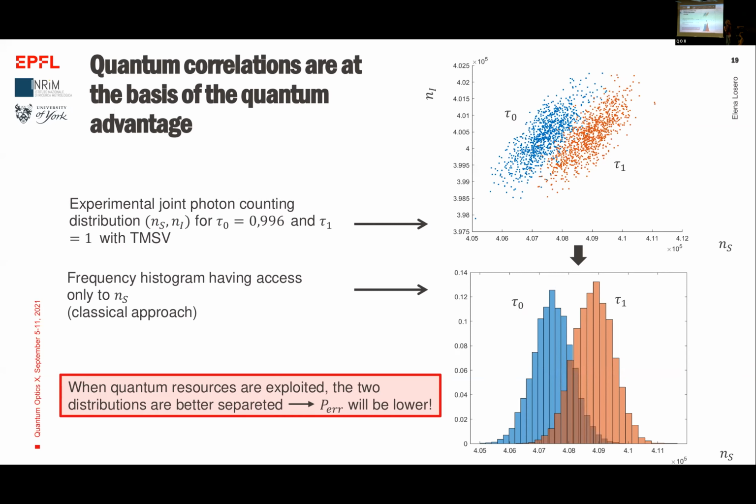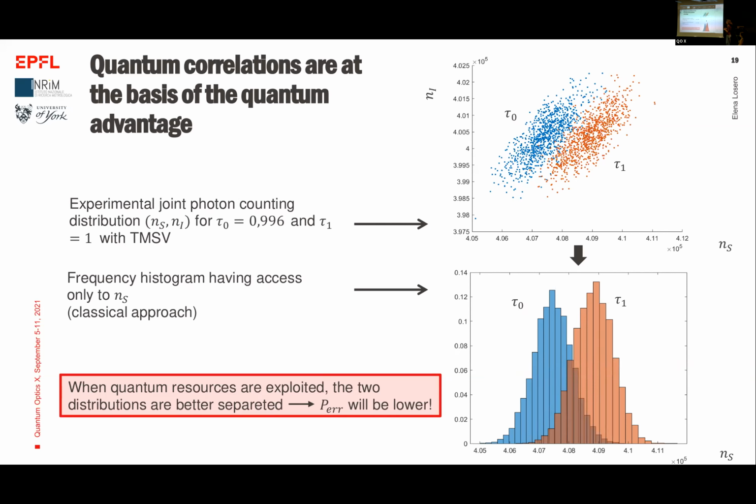And the level of squeezing basically depends on losses in our case. So the higher the losses, the lower the squeezing. And in particular, the figure of merit that is really important here is the so-called noise reduction factor, which is related to squeezing, but it's just a matter of definition probably.